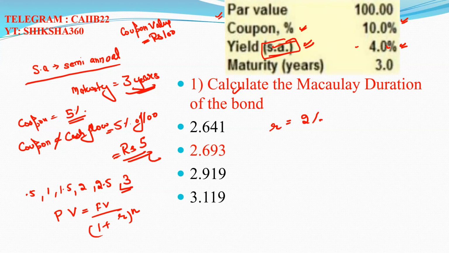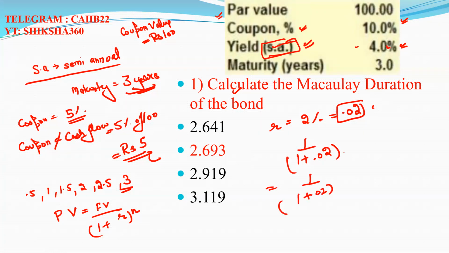R is equal to 2% because it is semi-annual. So 1 upon 1 plus R. This is 2%, so it comes out to 0.02. So how can we calculate this factor? 1 upon 1 plus 0.02, for periods 1, 2, 3, 4, 5, 6, because we have to calculate 6 times.